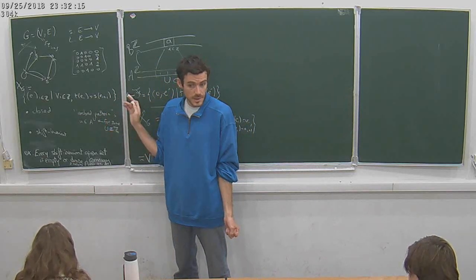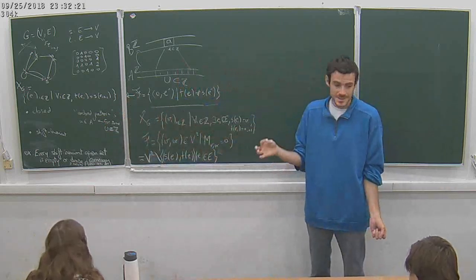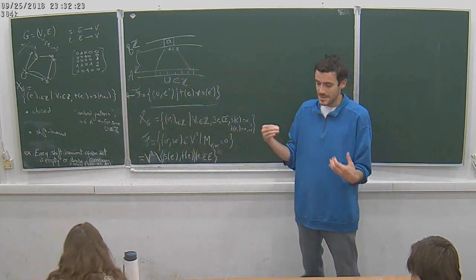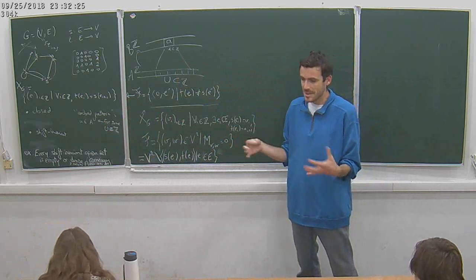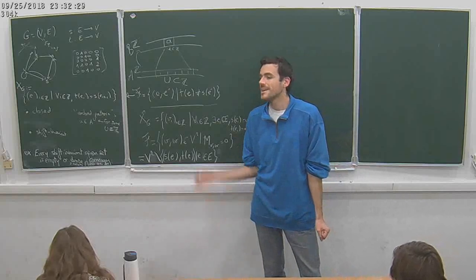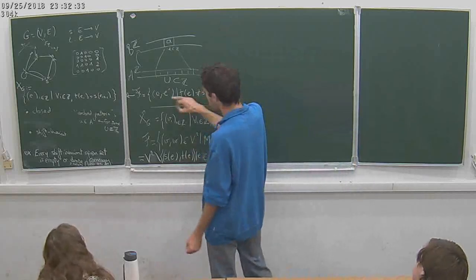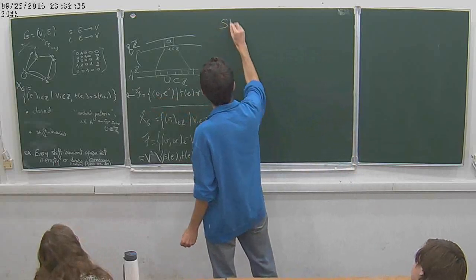And here, what do we have? Finitely many. So a subshift can be defined by infinitely many forbidden patterns. So here, thank you, these are subshifts of finite type, both of them.